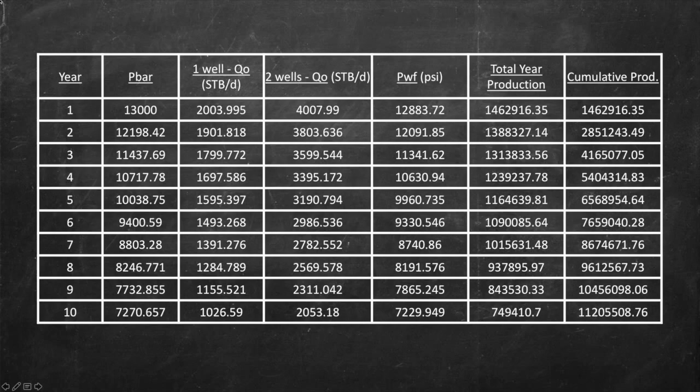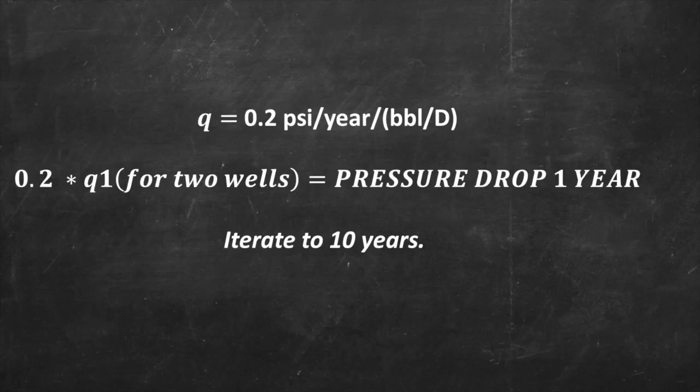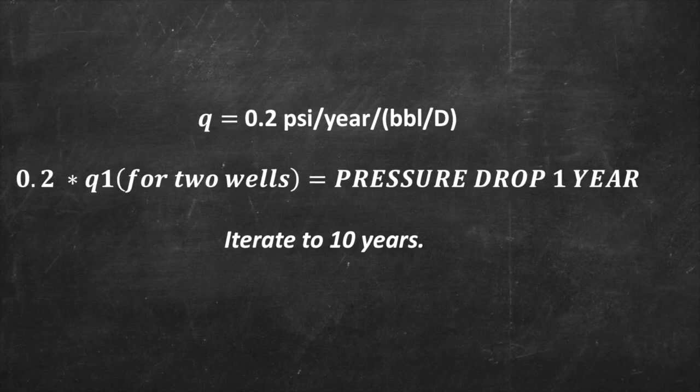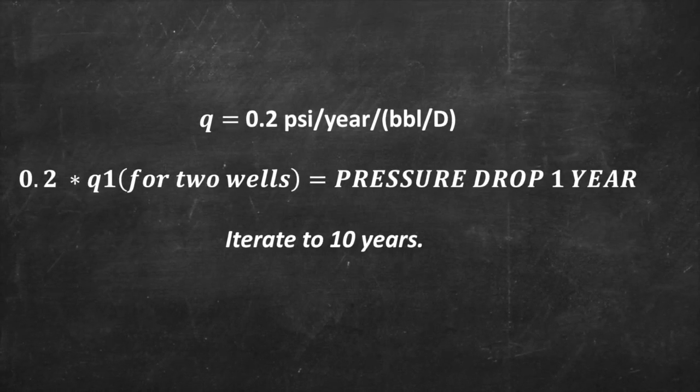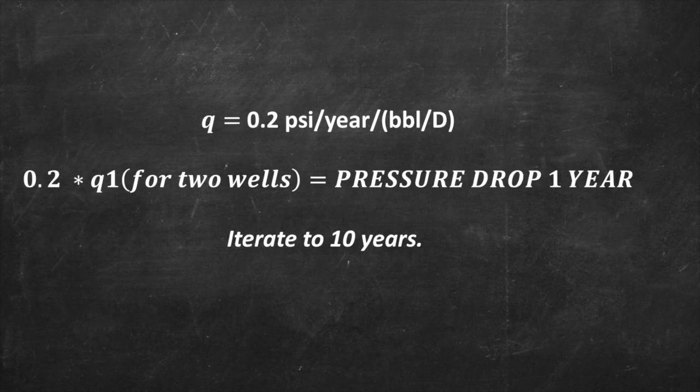And this is at a bottom hole pressure of about 12,883 psi. At this specific flow rate, it will give us a total yearly production of about 1.4 million barrels. We also use these flow rates and multiplied it by our pressure decline, which is 0.2 psi per year per barrel per day.